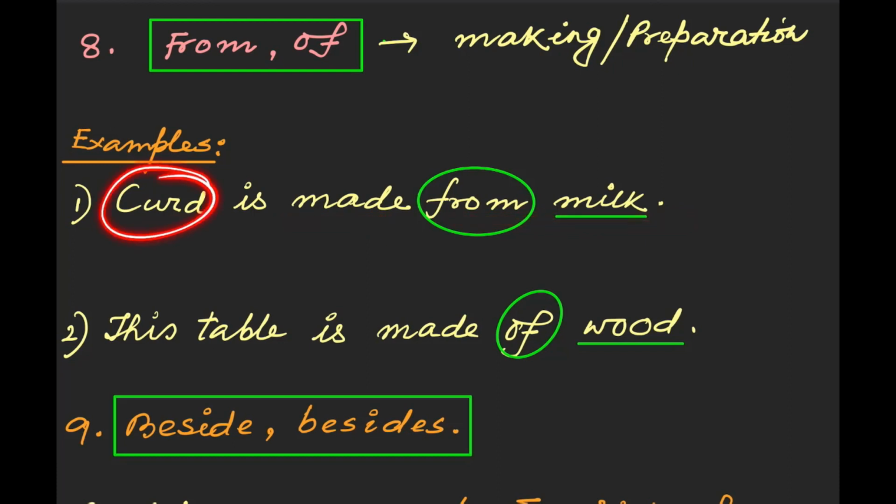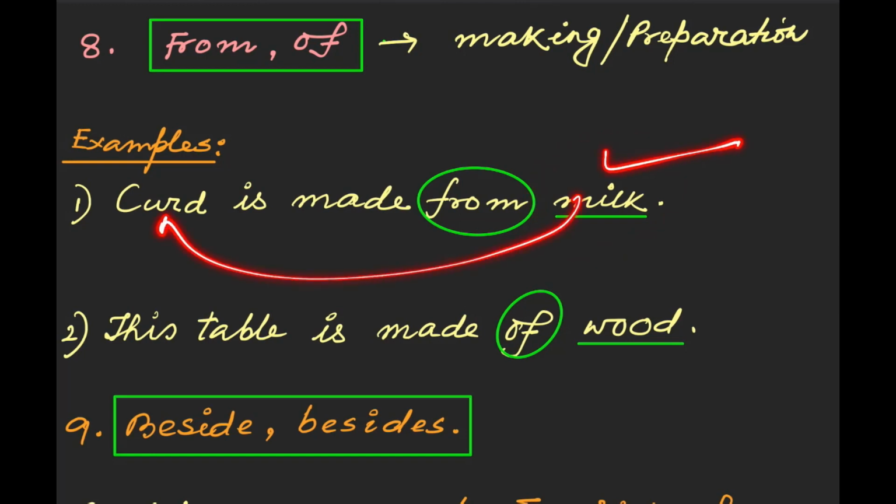Here the material has lost its original state or position. Milk is the material, it has lost its original position or state into curds. When this is the case, use from.